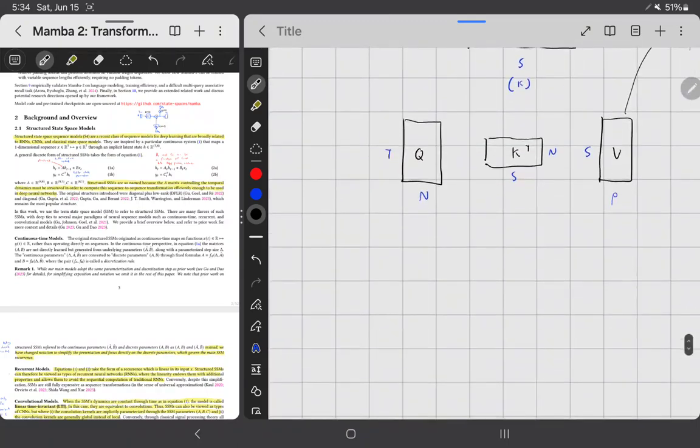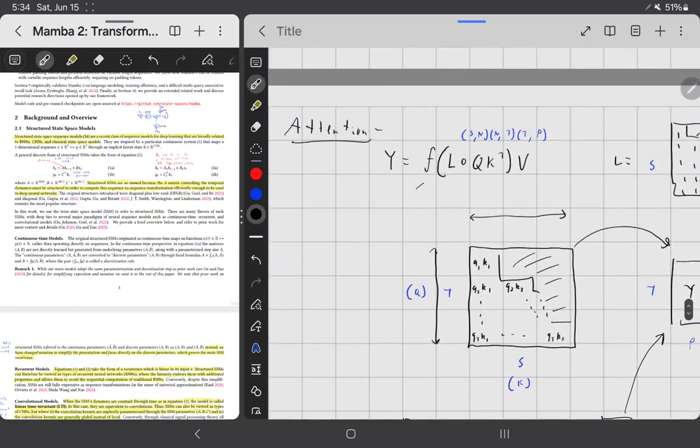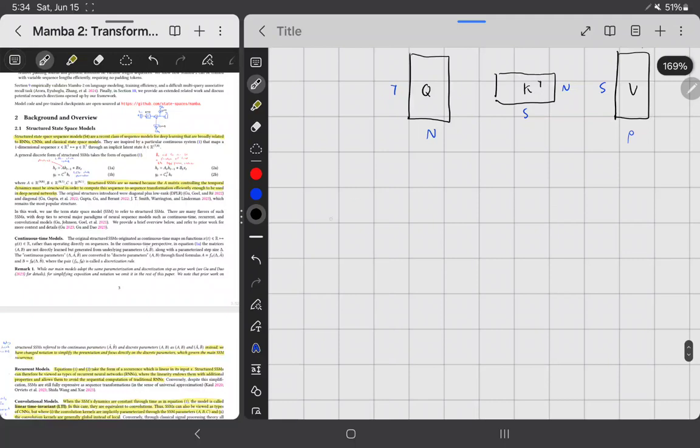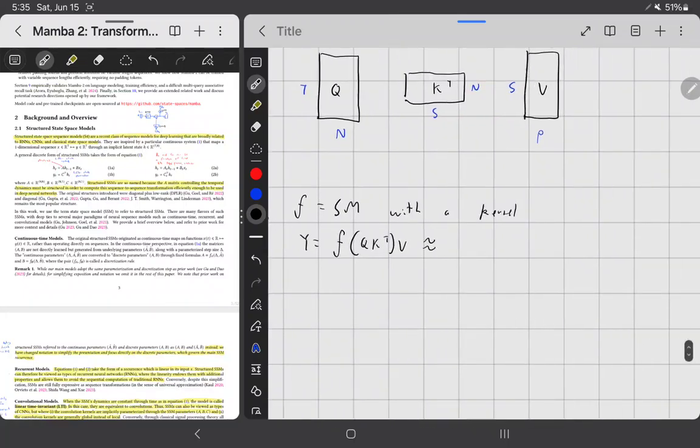Now, the idea of kernel attention is, hey, what if we take this f and we split it? So we can approximate f, which is equal to the softmax, with a kernel. And this uses the kernel trick. So instead of y being equal to a function of qk transpose v, let's say we can approximate whatever this function is here.